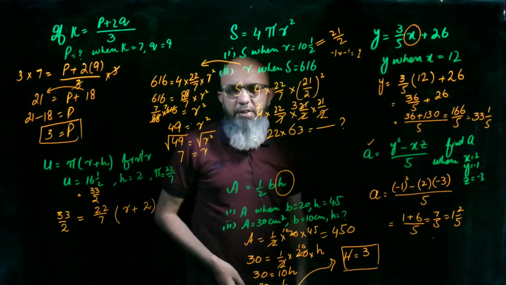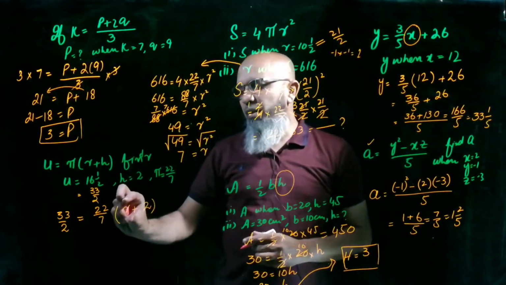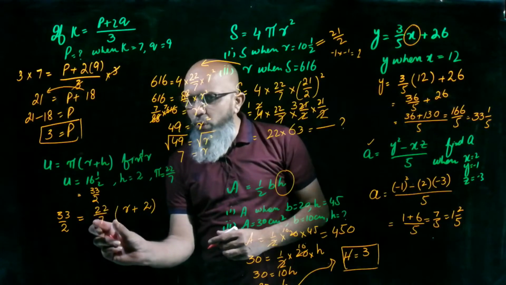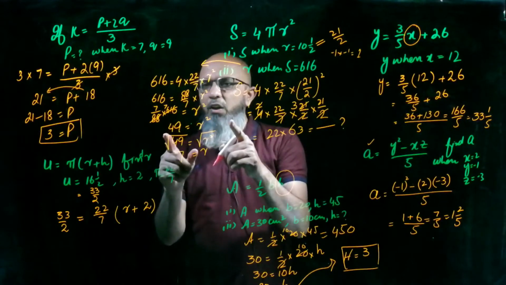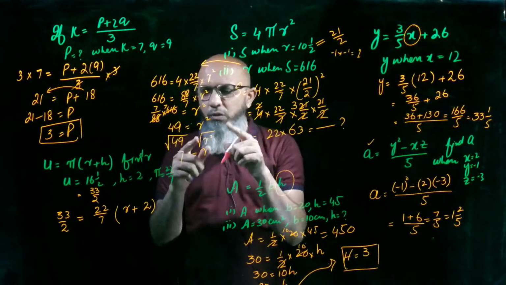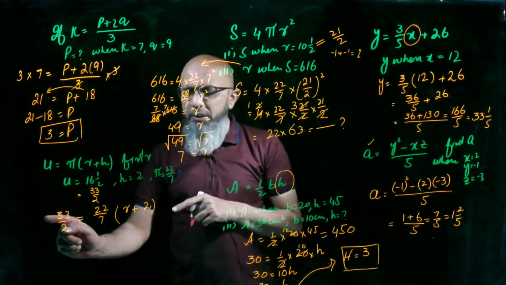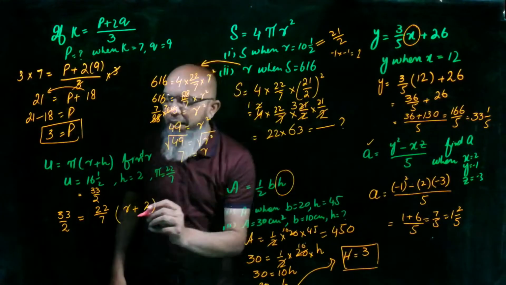Okay, how will we solve it now? We are finding the value of r. So first we will move this 22 over 7. What we do here is change it to its reciprocal. We will multiply with 7 over 22 on the other side.